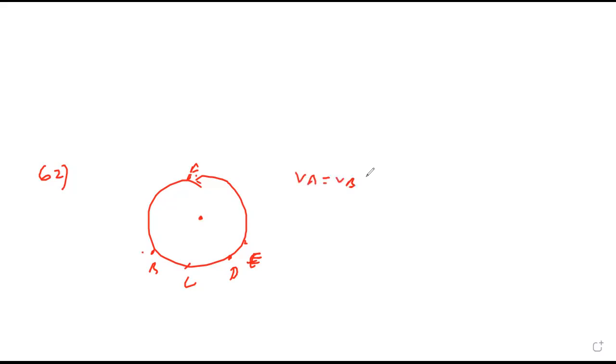VA is the same as VB, same as VD, same as VE. Then what will be the difference of potential? 0.